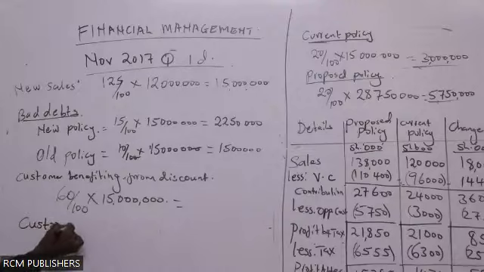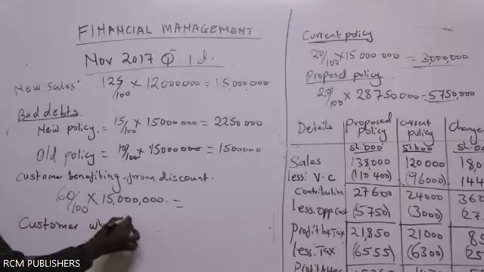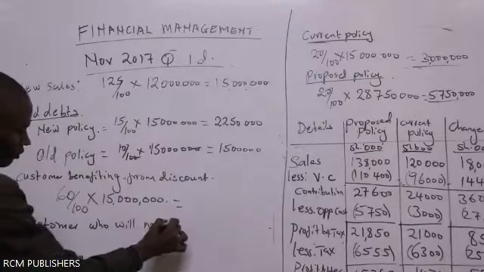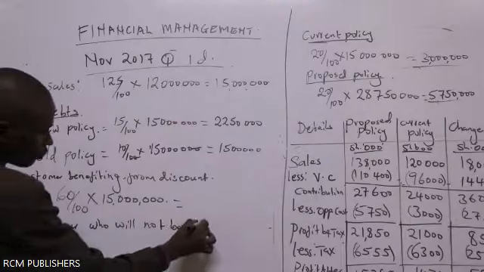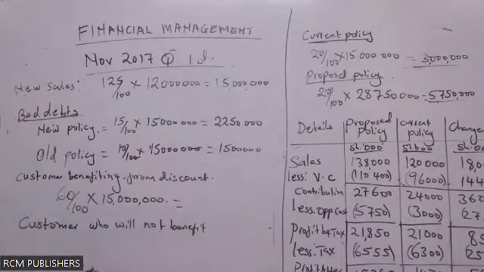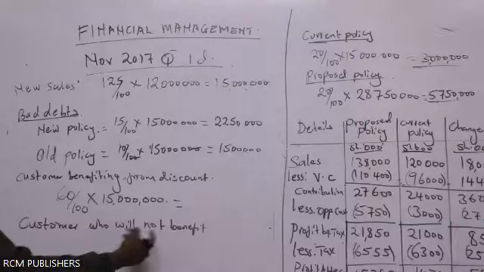I want you to tell me the proportion of customers who will not benefit. Customers who will not benefit from discount. The percentage, please.